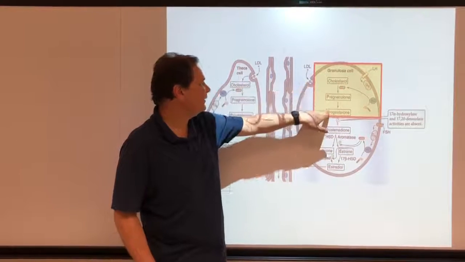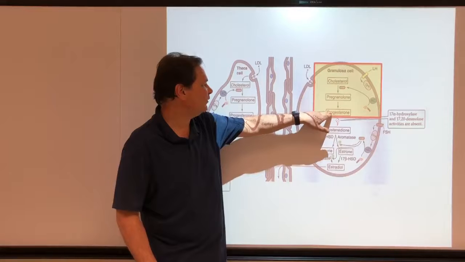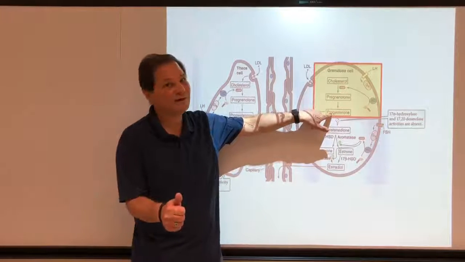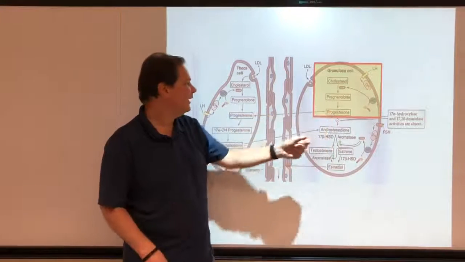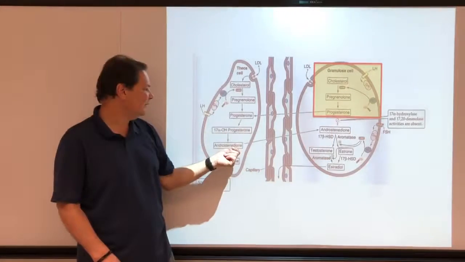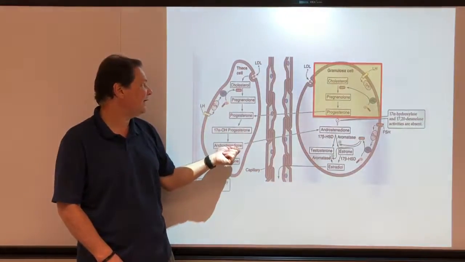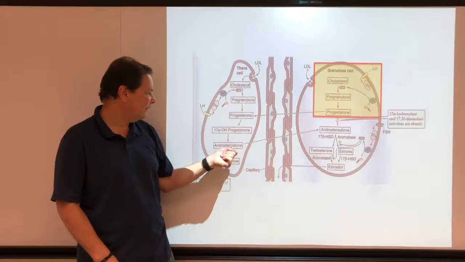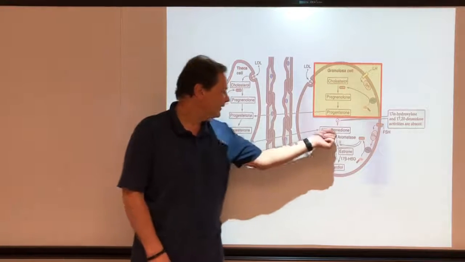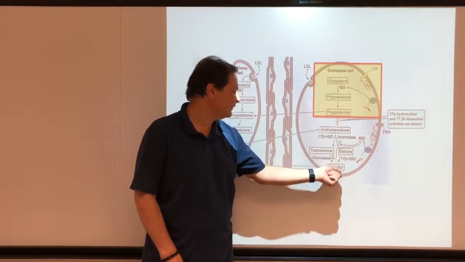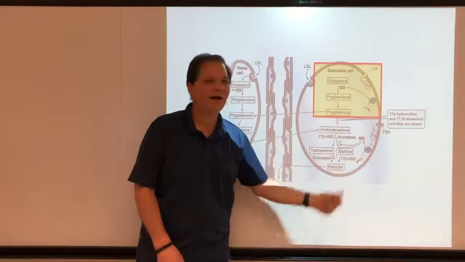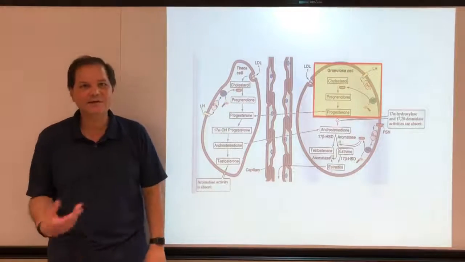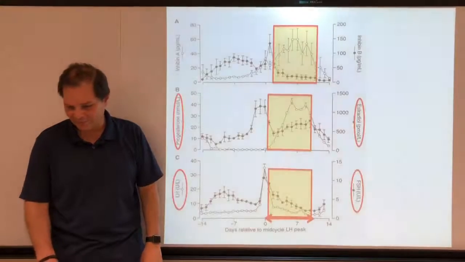That's causing the conversion of cholesterol to progesterone, which increases the progesterone in the bloodstream. And then that progesterone also feeds into the pathway in the thecal cells where it's converted to androgen, and then the androgen comes back to the granulosa cells where it's converted to estradiol, and that's contributing to the increase in estradiol that we see during this phase.